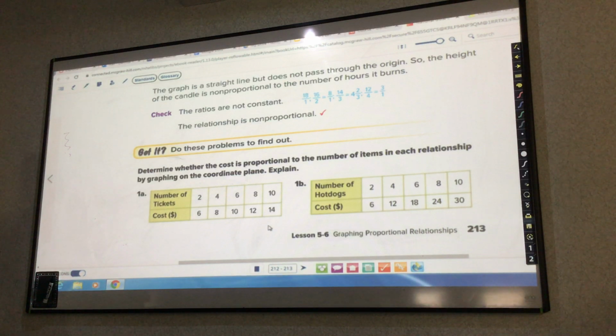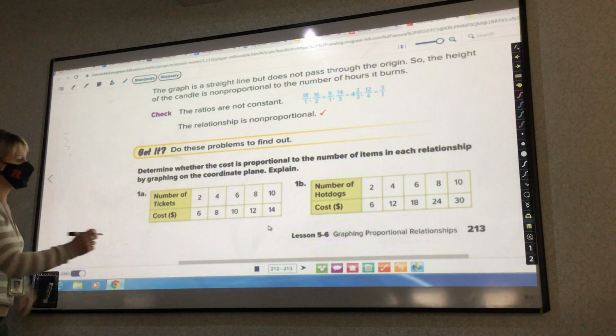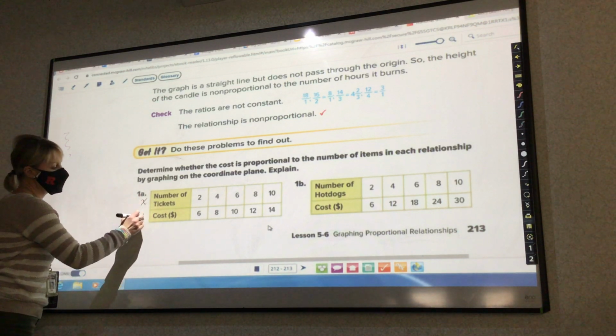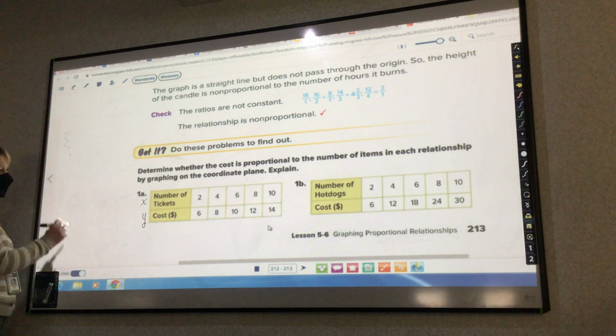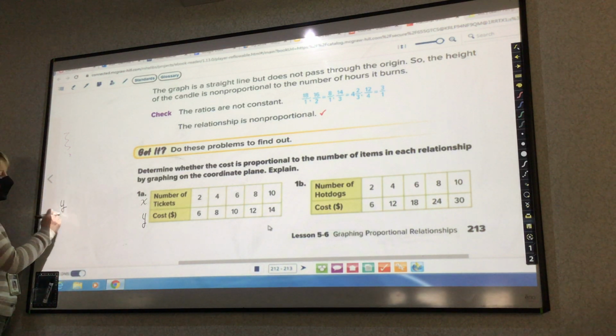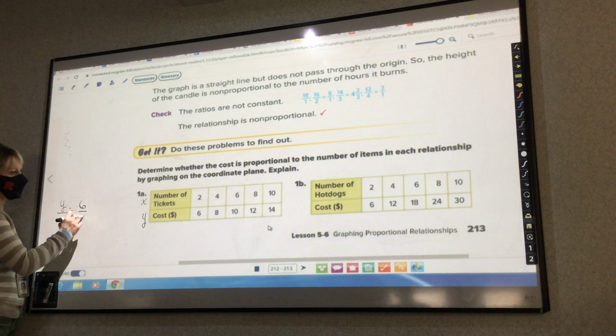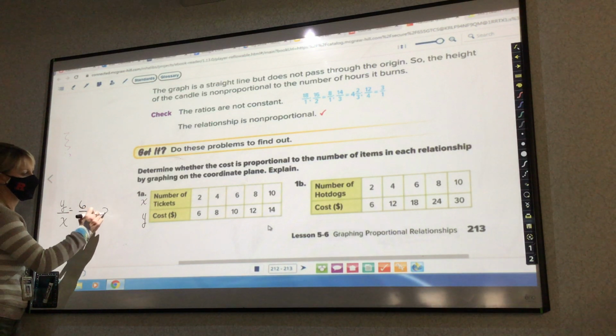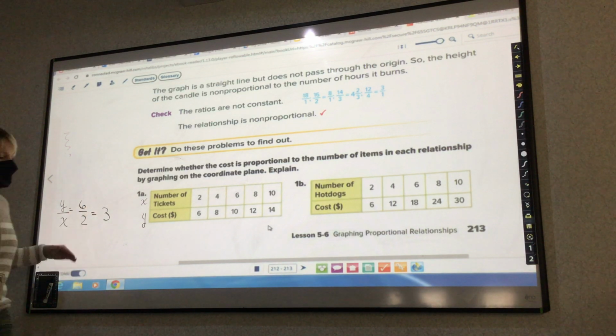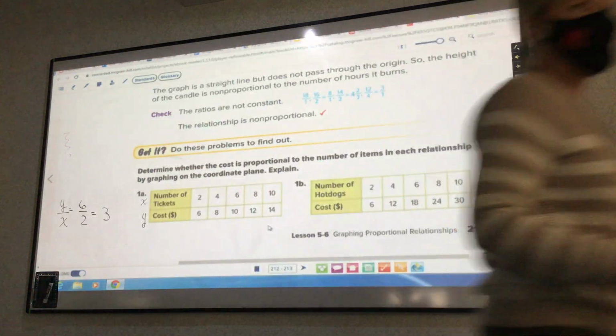I'm going to come around and put a couple stamps on your paper, a stamp of a coordinate plane that you will use. In the meantime, you're going to say that this is my x, this is my y, and I'm going to do y over x. Does that make sense? So then my first one would be 6 over 2, which equals 3. And I want you to keep going, at least a couple on those.